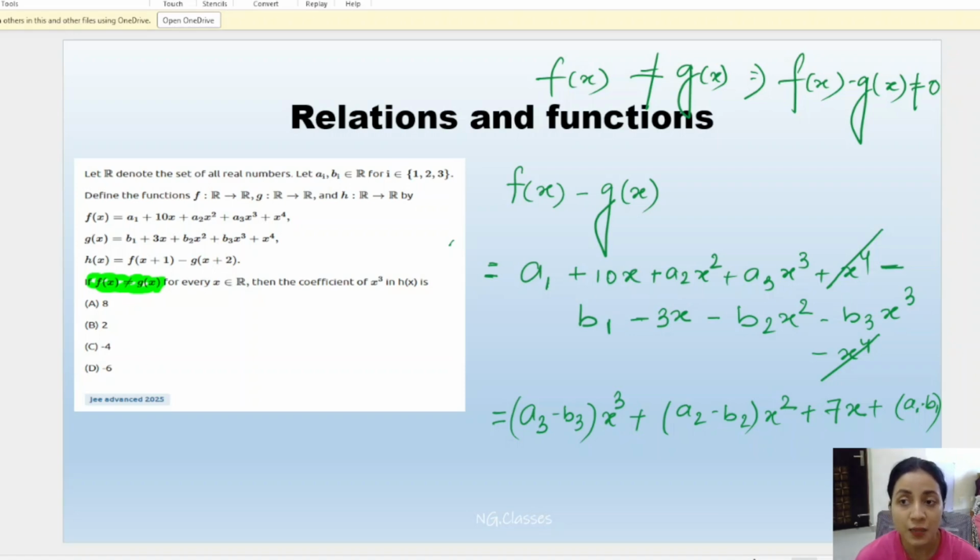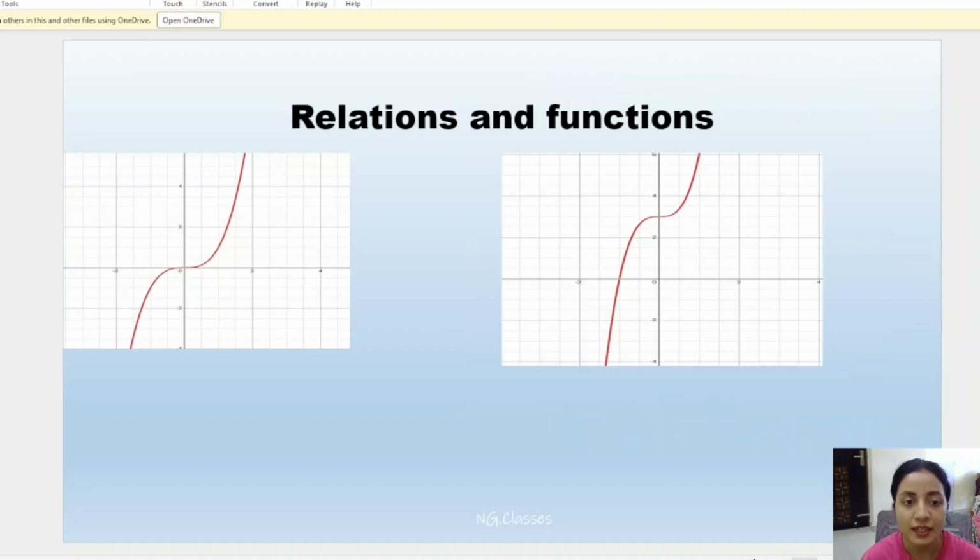Now f(x) minus g(x) will never be 0. One thing we need to understand: if we have a cubic polynomial, at least one time definitely it will touch our x-axis. So there must be at least one real zero, as you can see in the graph as well. The first one is the graph for f(x) equals x cube.